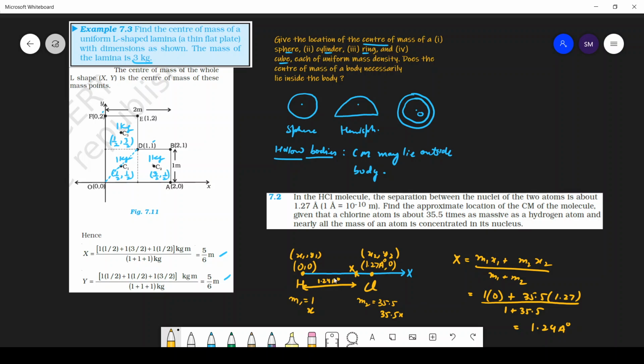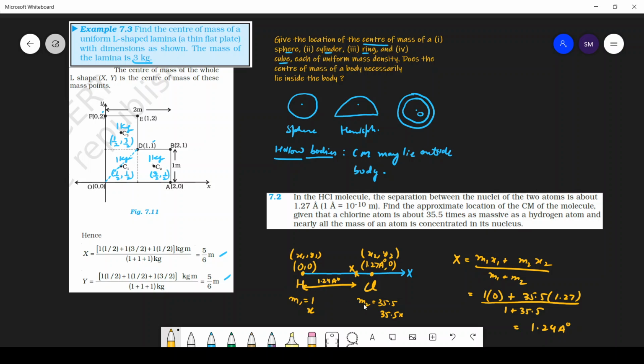You can clearly see that it is not at the midpoint, but tilted towards chlorine because chlorine is more massive. So the center of mass is actually a weighted average. The center of mass will be on the side where more mass is concentrated.